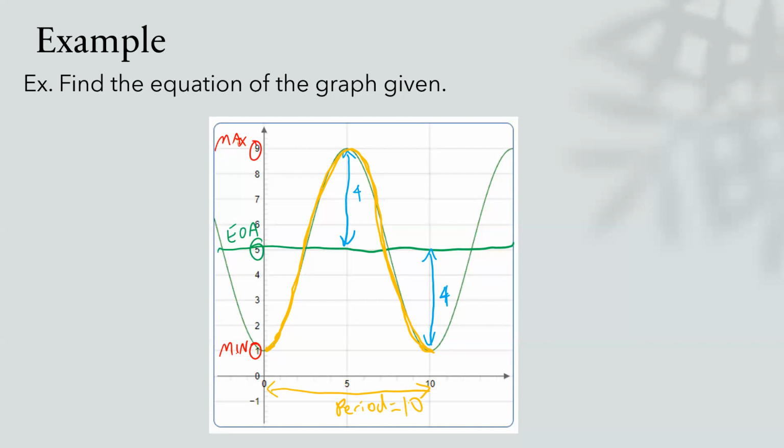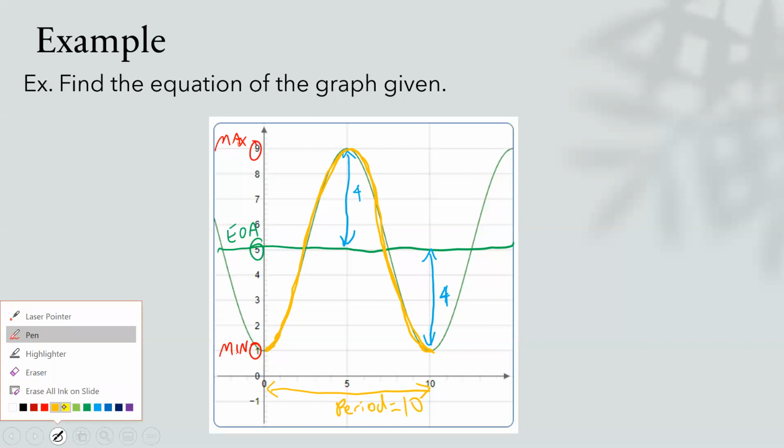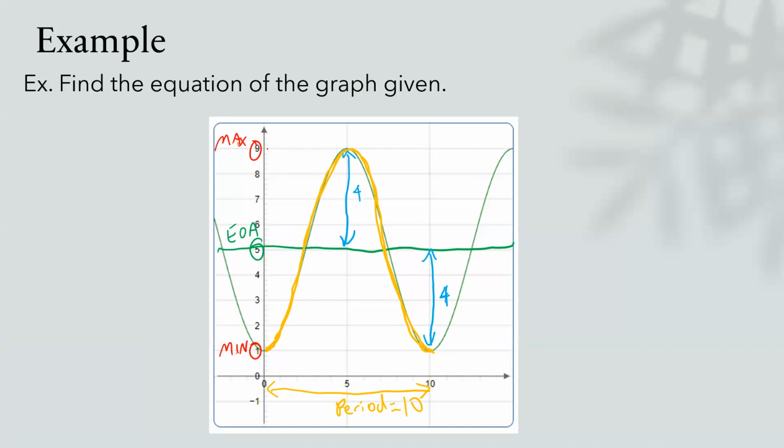Now, notice that the graph, it depends what equation you want to model it with. We can actually model it with the sine or the cosine graph. But if I decided to model it with the cosine graph here, I would actually do negative cosine, because remember, positive cosine, if there's no reflection on the x-axis, the graph goes from the max down to the minimum and back up to the max.